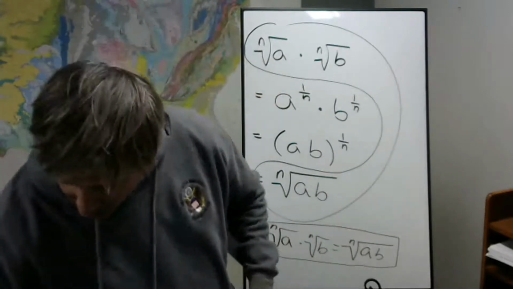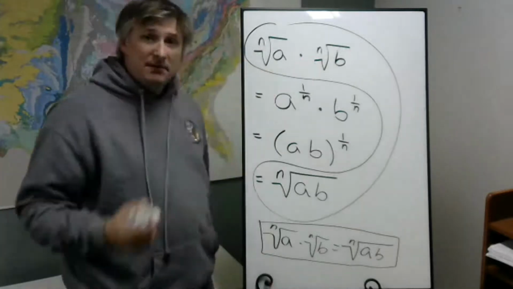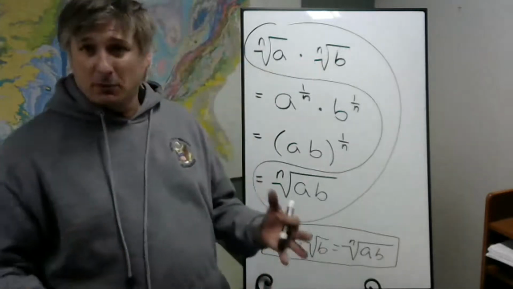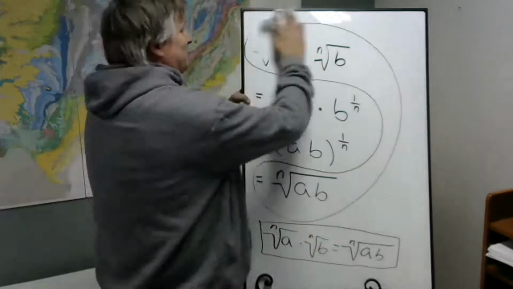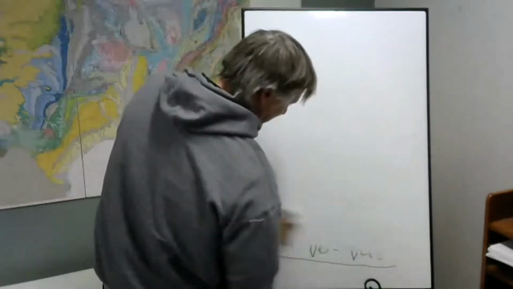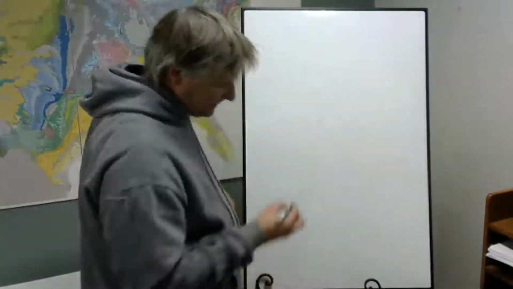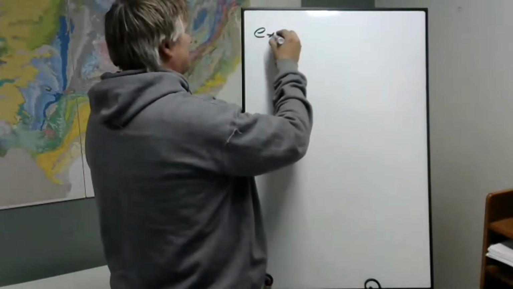Now, the thing with this product rule is the roots have to be the same. If they're different, it doesn't work this way. So let's do some examples using this trick, if you will. So let's say we have this.